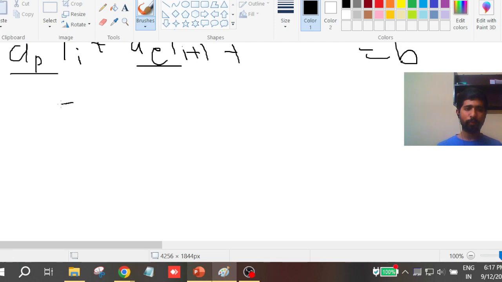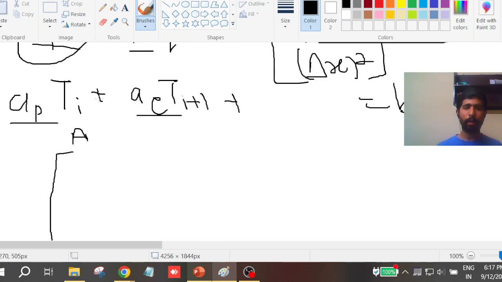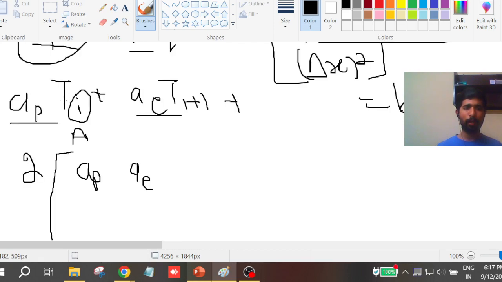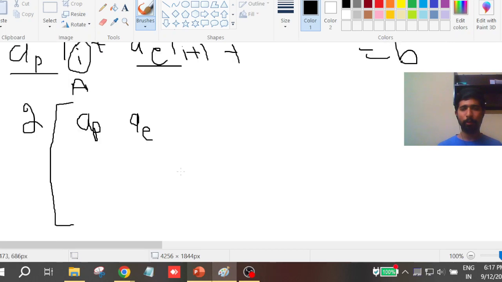Then we try to form a matrix A, wherein, for example, the first and the last grid points have boundary conditions, so just ignore them. So for i equal to 2, you get AP and AE. AW into TW we will already know.